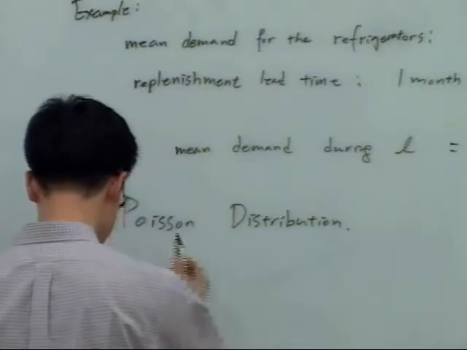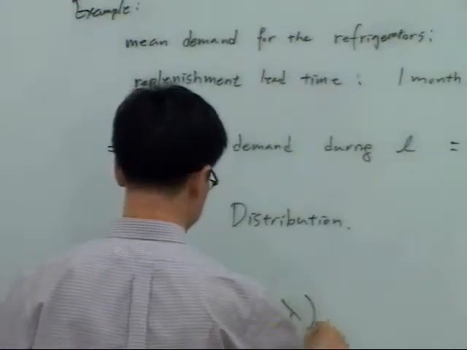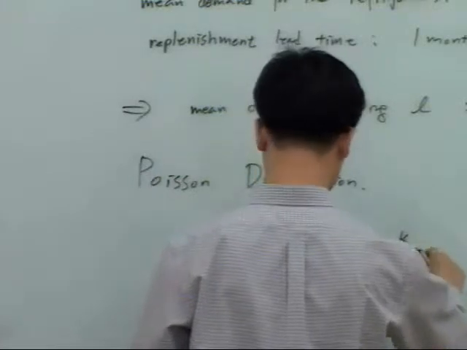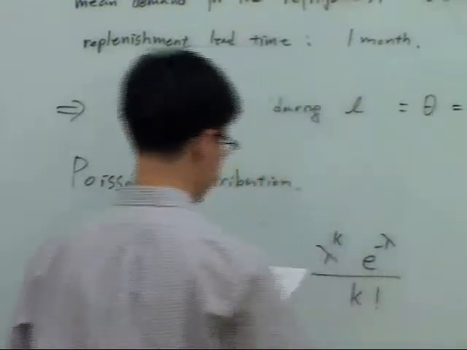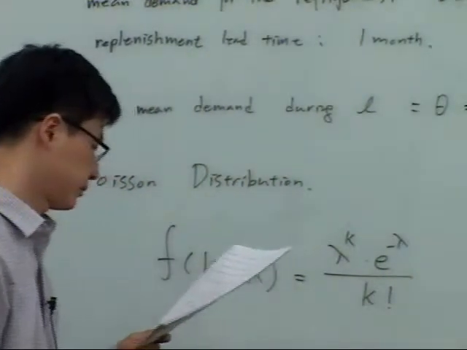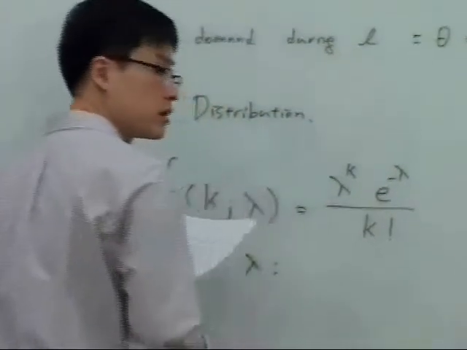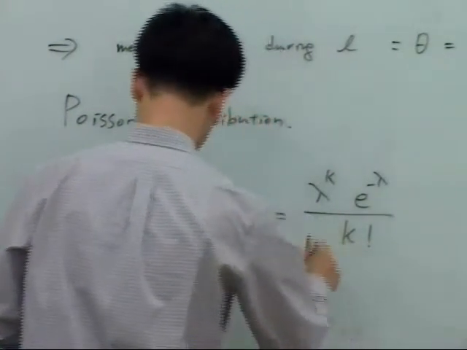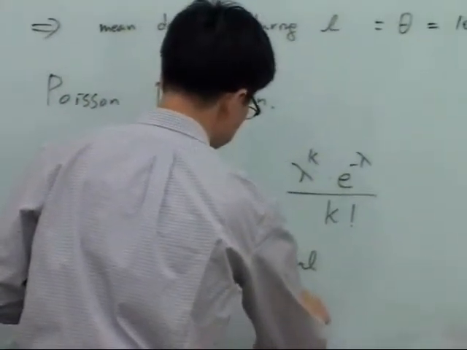Poisson distribution is given as this function f, where lambda is defined as interval and k is defined as occurrence.